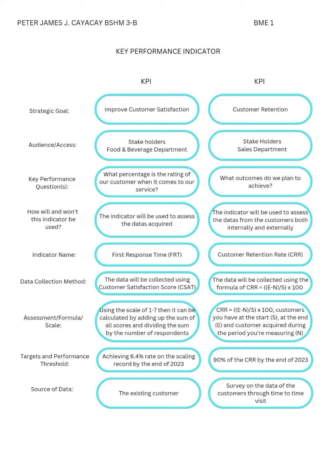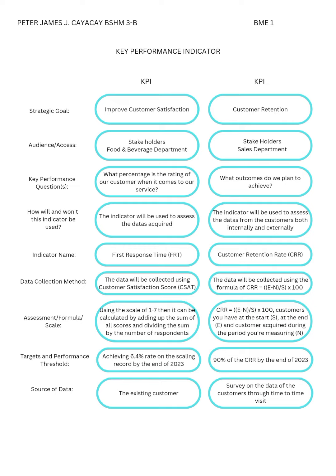Then it can be calculated by adding up the sum of all scores and dividing the sum by the number of respondents. For customer retention, again, the formula would be CRR equals E minus N divided by S multiplied by 100. S stands for the customers you have at the start, E stands for the customers you have at the end, and N stands for the customers you have acquired during the period you are measuring.